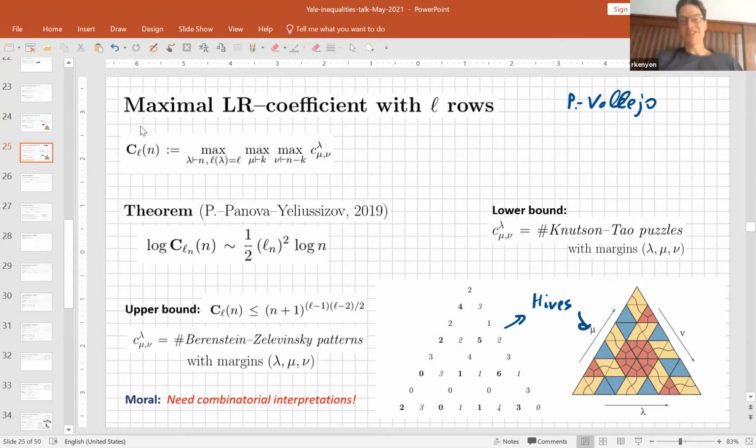Well, just because it's not in sharp P doesn't mean there's not a combinatorial interpretation. There are lots of tiling problems which are not in sharp P. If you look at a tiling, how do you decide if it's good for you?